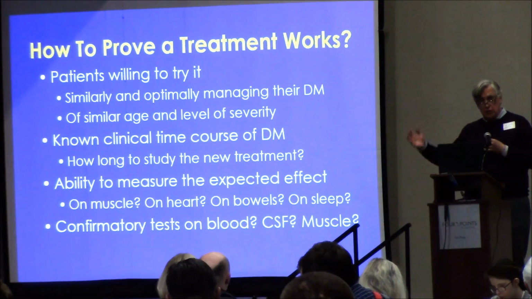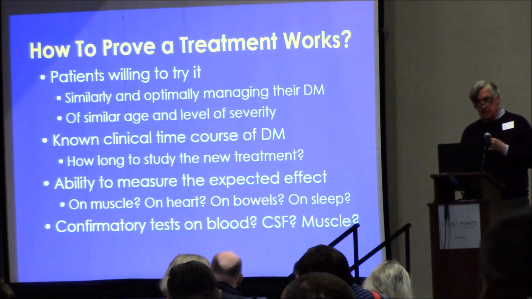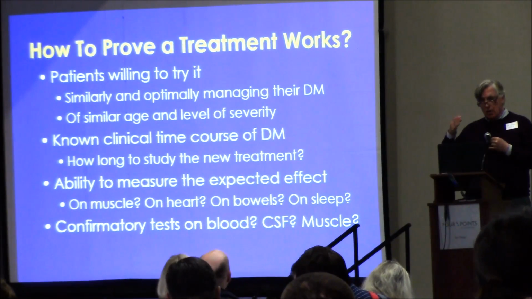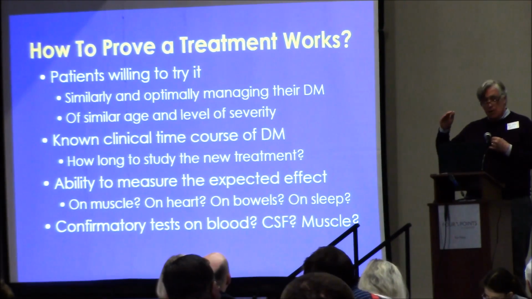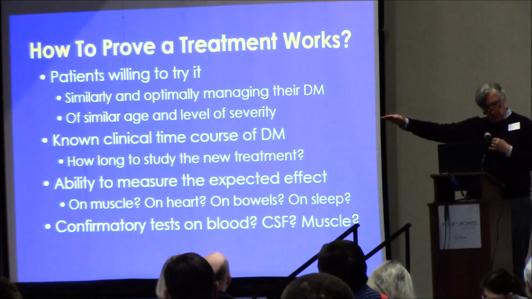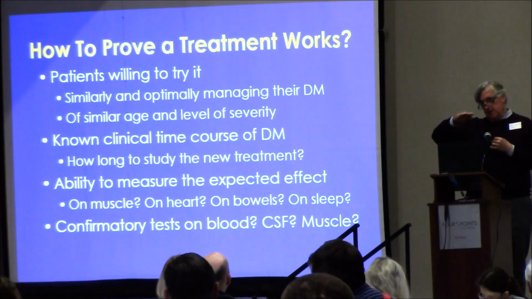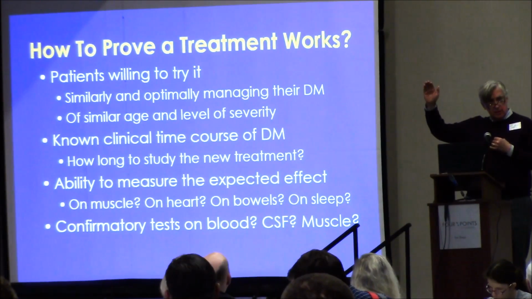In order to do the studies, we have to know what the time course of the disease is. So we need to know, okay, if we're trying to see if somebody gets stronger on this medication, what would happen if we didn't treat them? Might some people with myotonic dystrophy get stronger just because they're more active?